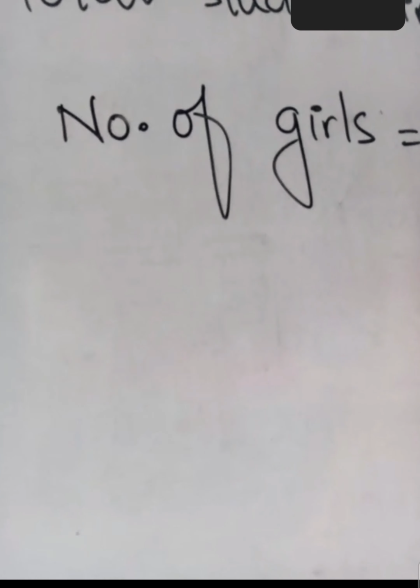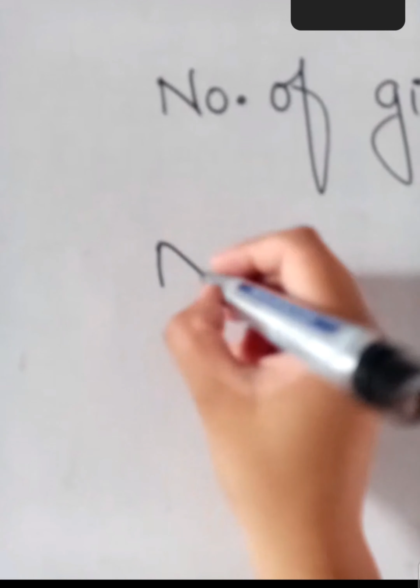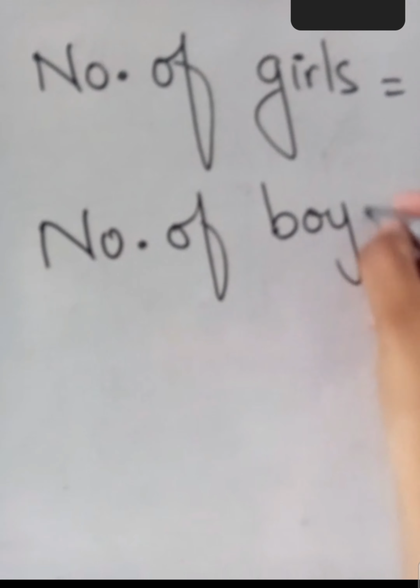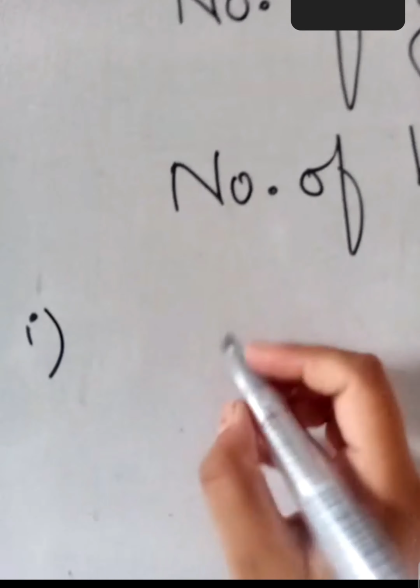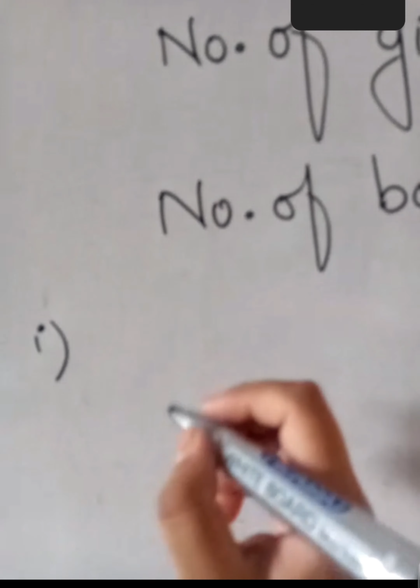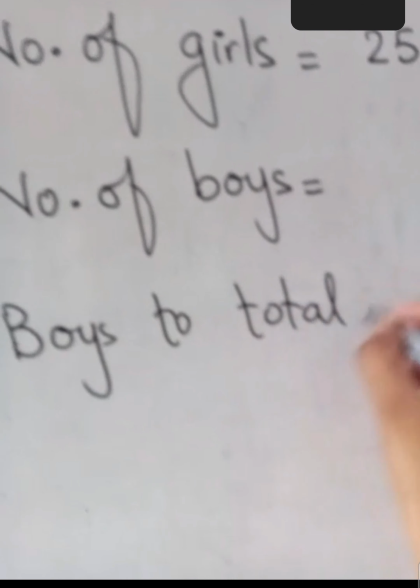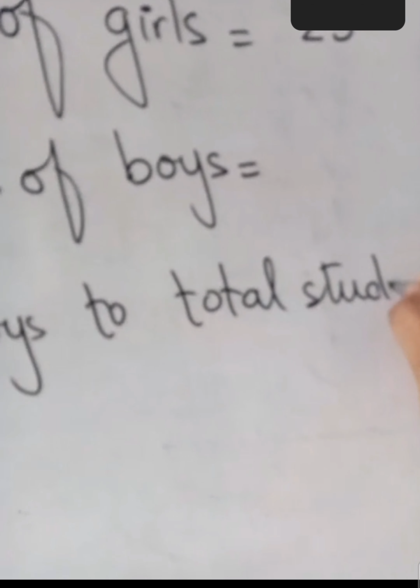Number of girls, 25. What will be the number of boys then? Then we have to find the ratio of part 1, boys to total students.